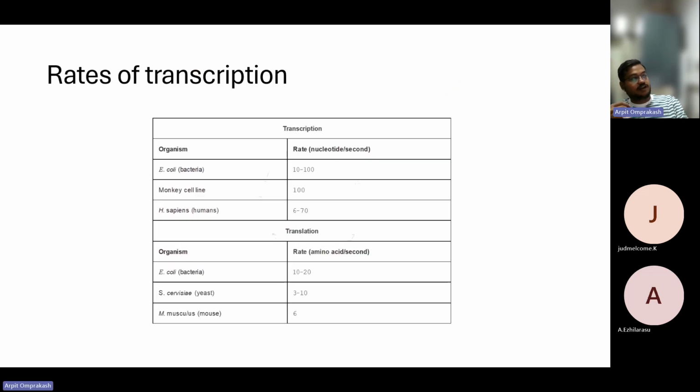So here are some example rates of transcription and translation found in different organisms. As you see, the rate of transcription and translation is very high in E. coli, which is a bacteria.